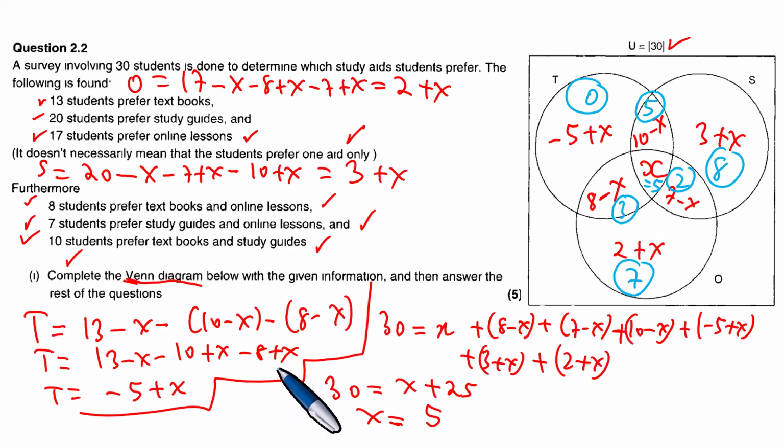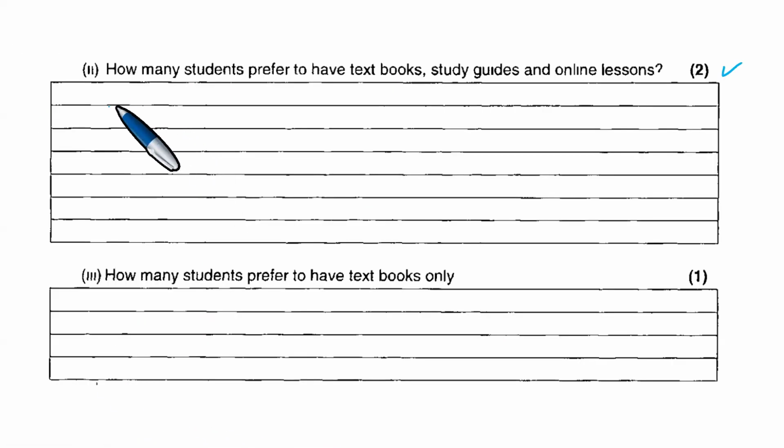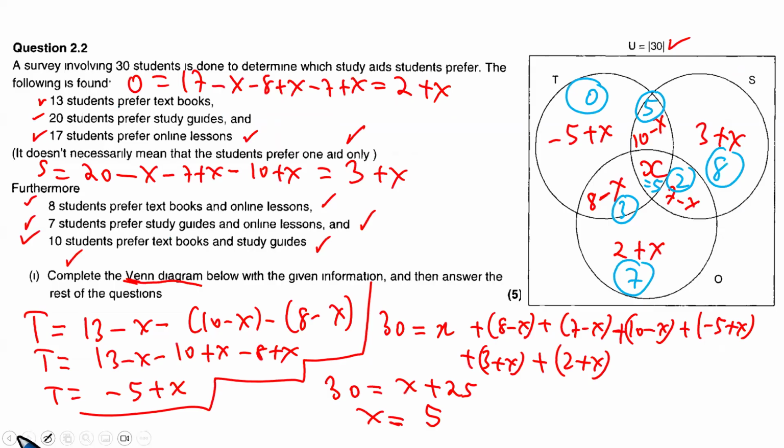So 5 students prefer all 3, because we have seen that 5 students are in the intersection of all the study aids.